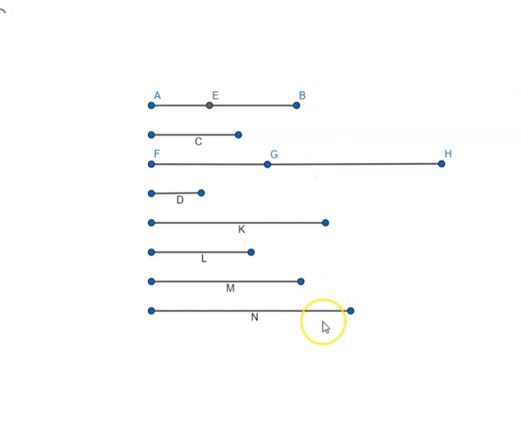Since N is a multiple of D and FH and K are equimultiples of AB and C, we can say that the ratio of D to C is greater than D to AB.